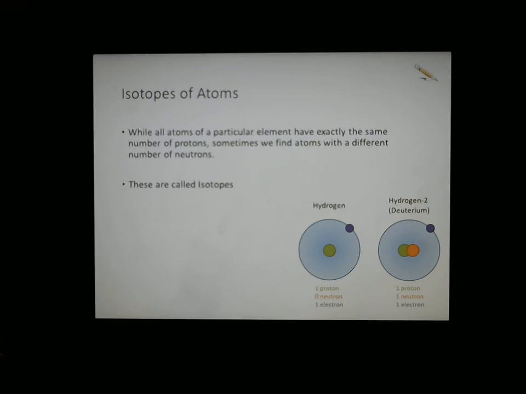It's slightly heavier. That's why, if we make water that specifically has a higher proportion than normal of deuterium, it's called heavy water. Deuterium is kind of useful. We do things with it, and we'll get into that later in the unit.